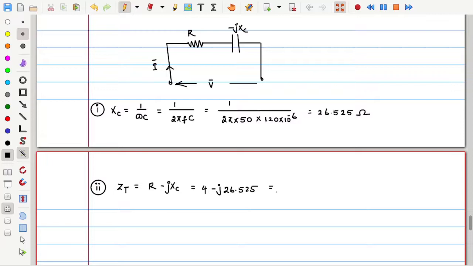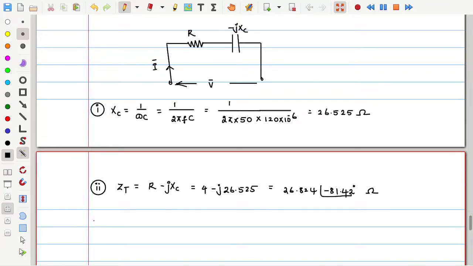Because sometimes it may be helpful. So 4 minus 26.525j can be expressed in polar form as 26.824 at an angle of minus 81.42. Is this correct? Check it. Degrees. The unit of the impedance is also ohms.